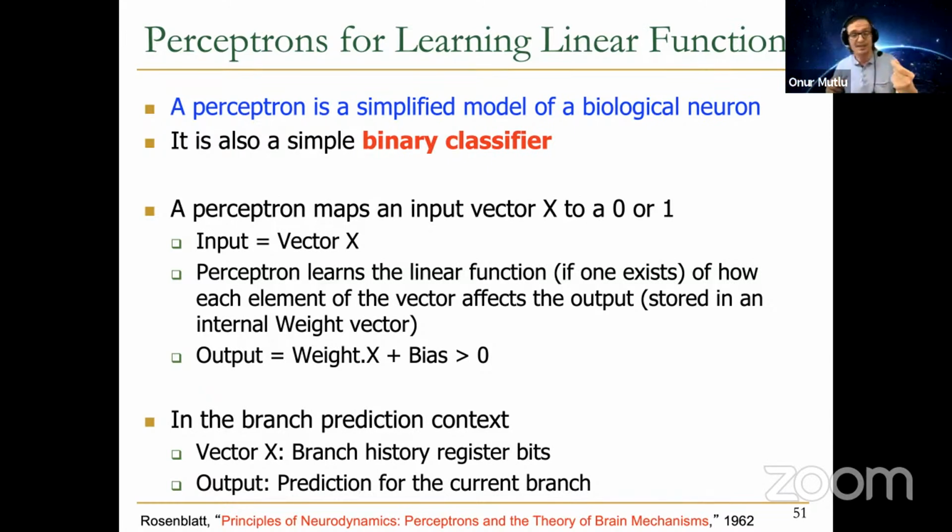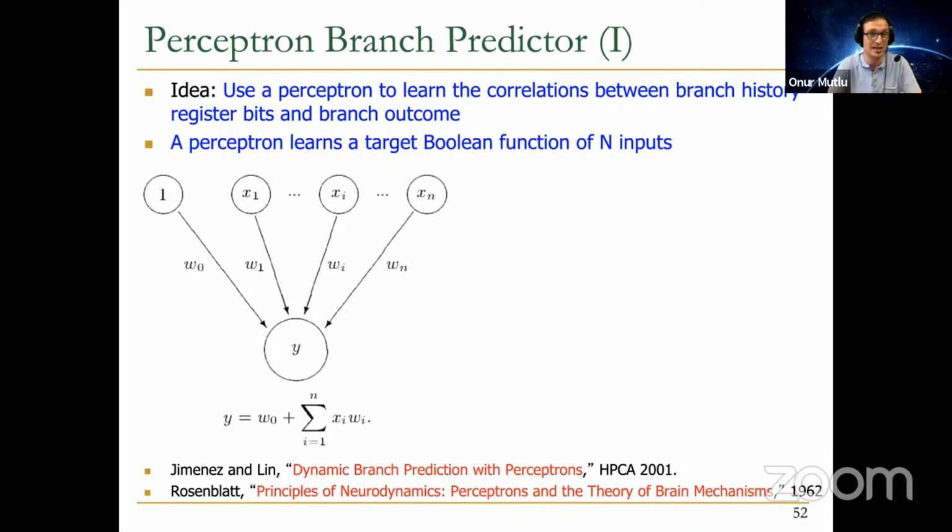If there is a strong correlation with the branch being taken, then you get a strongly positive weight. Otherwise, you get a negative weight. I'm not going to go into details, but you can do the calculations yourself. Basically, the idea is to use this perceptron to learn the correlations between branch history register bits and branch outcome.